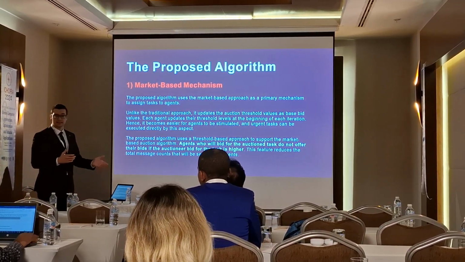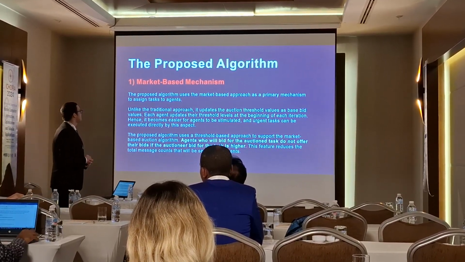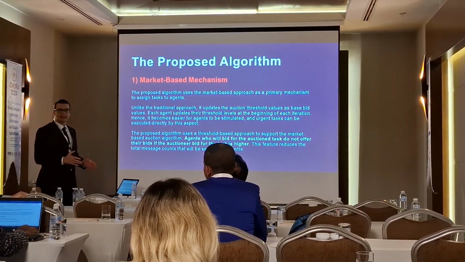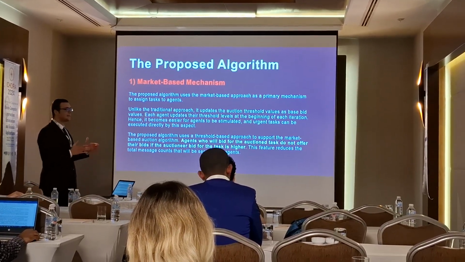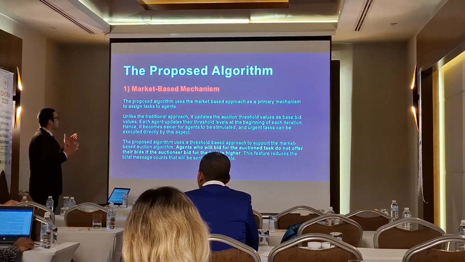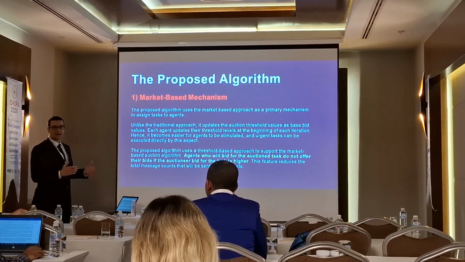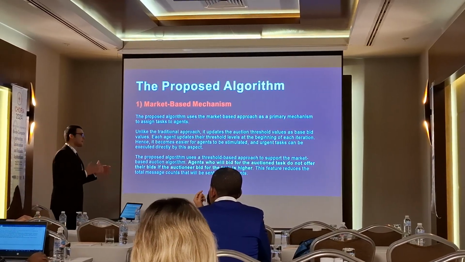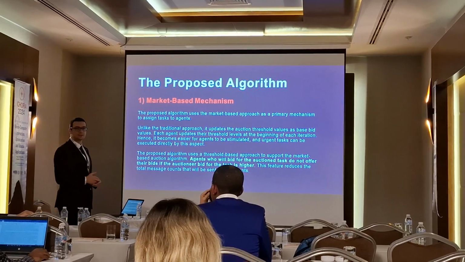Bidders bid on the tasks they want to be assigned, which participate in tasks, and the auctioneer's bid on the task is considered as a base bid value. So if any of the agents in the auction tries to bid lower than the auctioneer's bid on the task, then the agent won't bid at all. So this feature could reduce the message counts drastically.